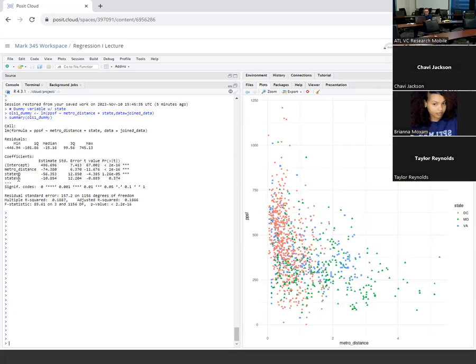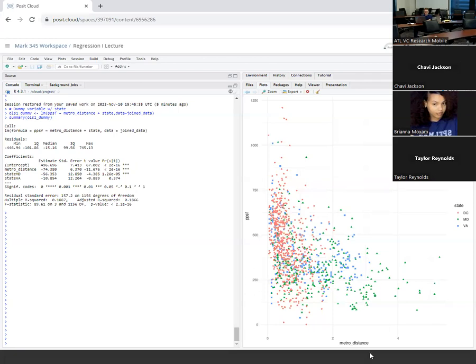And so as Taylor said, you cannot reject the null that the average price per square feet in Virginia is equal to the price per square feet in DC.